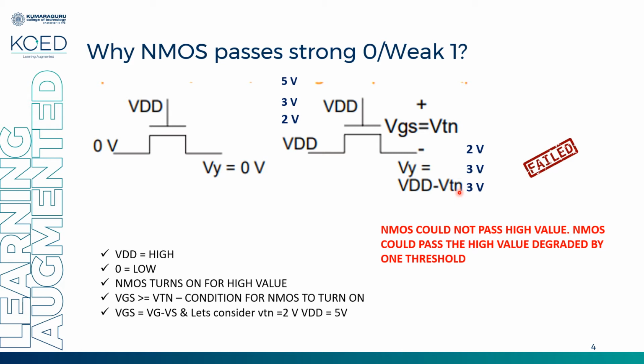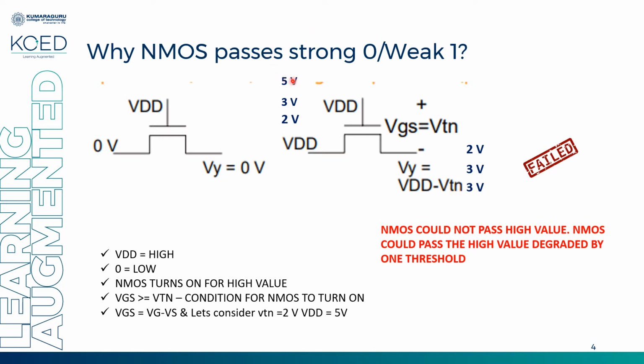So if you consider the value that is given across the source, for example, I have taken the VT as 1 volt and VD as 5 volt. If I am increasing linearly, from 2.1, 2.2, till 5 volt, if I analyze, I'll be getting the voltage here as VDD minus VTN.